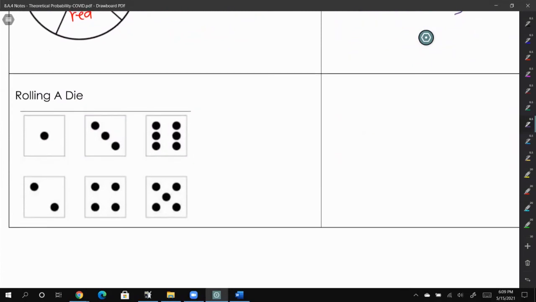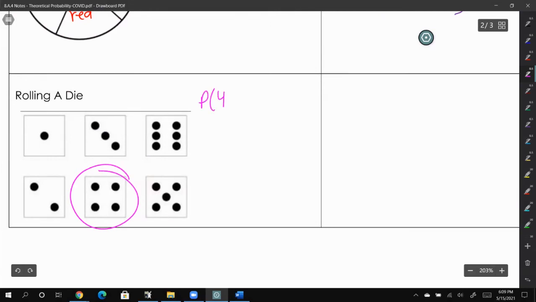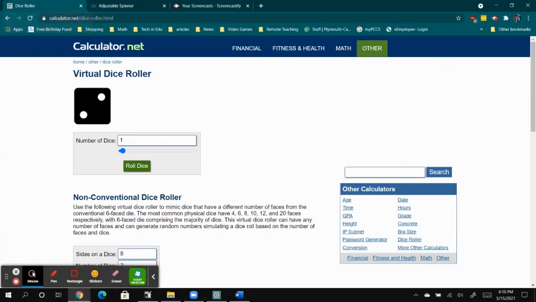So let's look at rolling a die. And let's say we wanted to get a 4. So the probability of a 4 would be 1 out of 6. So we're going to look at a dice simulation. And we're going to roll this dice 6 times and see how many 4s show up.